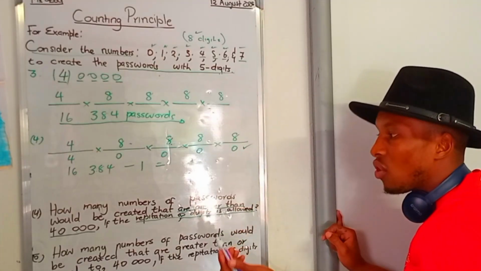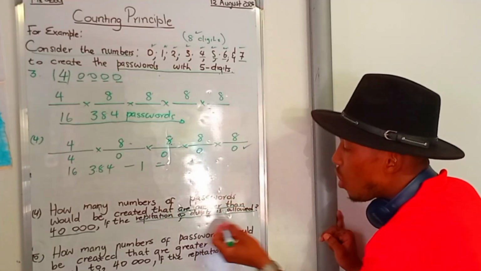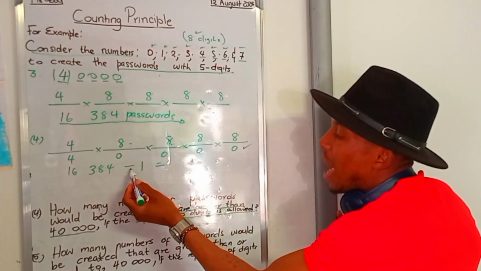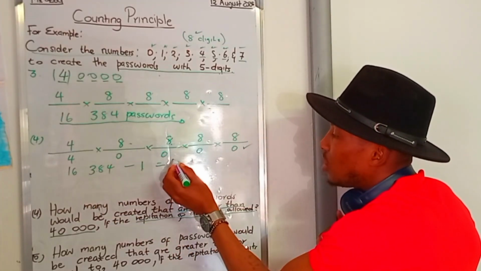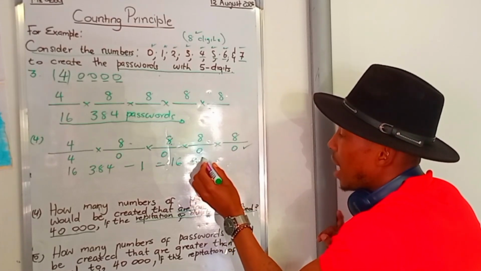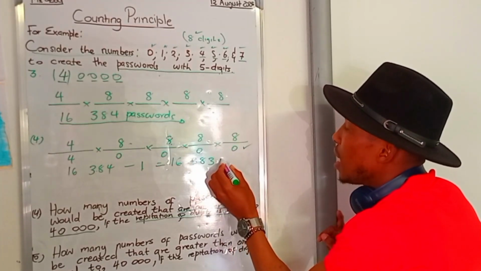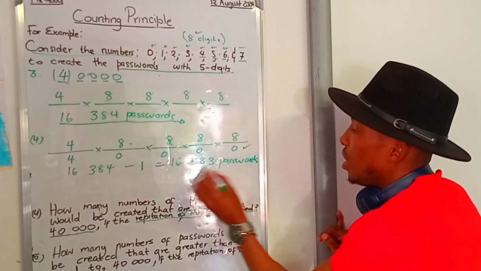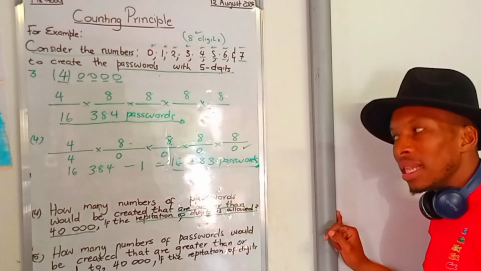But we need only codes that are greater than, not equal. That's why we minus one code, which gives 16,383 passwords. Now that is your final answer.